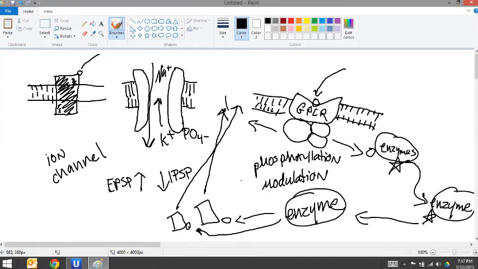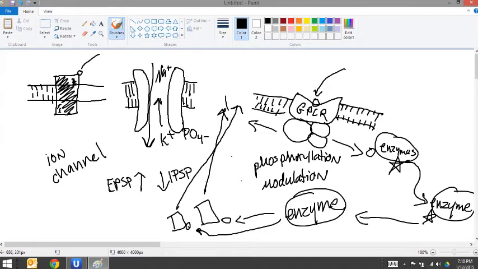So, to answer your question, the reason that they're cool is they don't just let in ions. They don't just change the voltage of the neuron slightly. They start a huge chain reaction that has these massive effects on what's going on inside the cell.